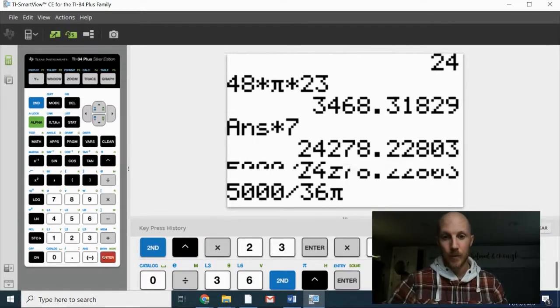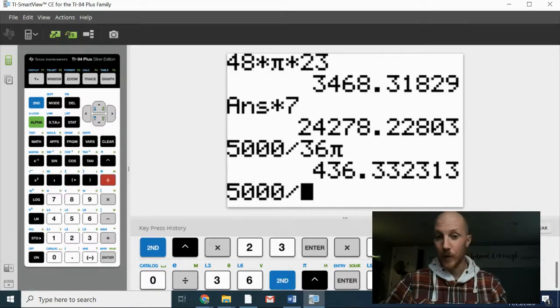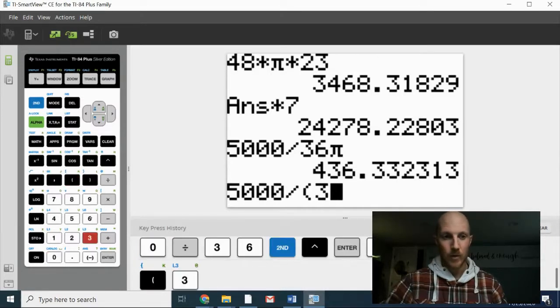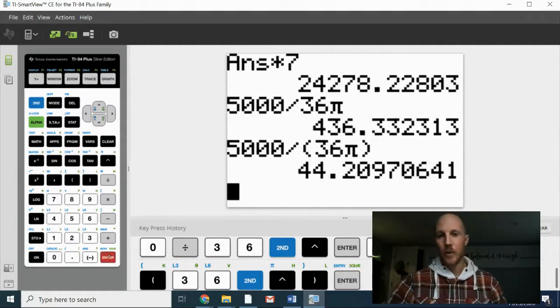Here's what it's going to do the first time. That's wrong. And then let's type it in here again the second time. The right number of zeros, divide by, I'm going to use parentheses this time, 36 pi. So the lack of parentheses, super common cause of errors. You can see we totally get different answers there.